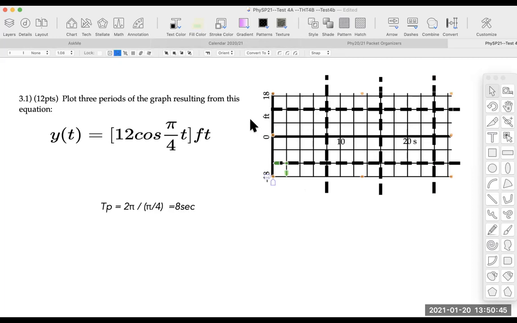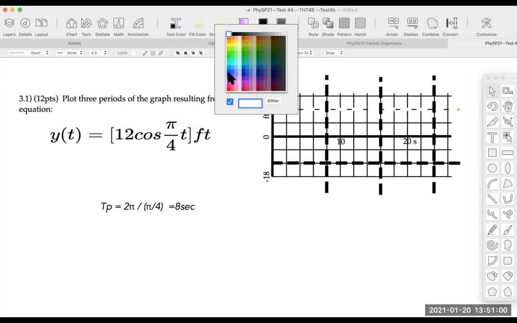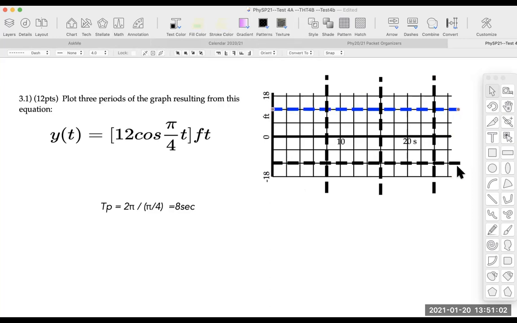Now, you do that. Last thing before we go, tomorrow, I'll give you a little quick preview. Stroke color. Let's go blue. So tomorrow, we're going to show you what happens when you damp something.